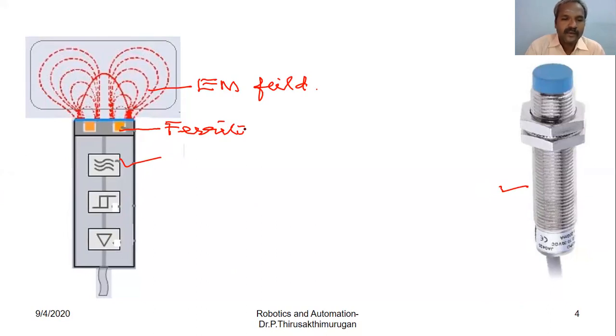Okay, the ferrite core, the core with a magnet. So the coil is wound over the ferrite core.